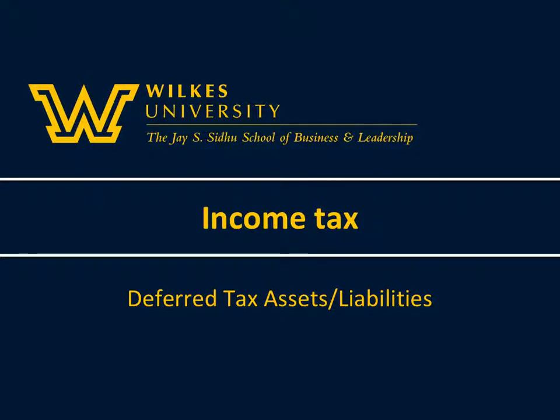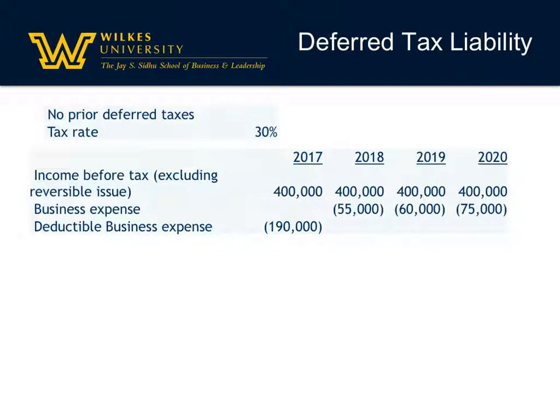Here's some entries to record and manage deferred tax assets and deferred tax liabilities. For this example, we have an expense that must be deducted for tax purposes in 2017. But for book purposes, we're going to record that expense slowly over time in 2018, 19, and 20.